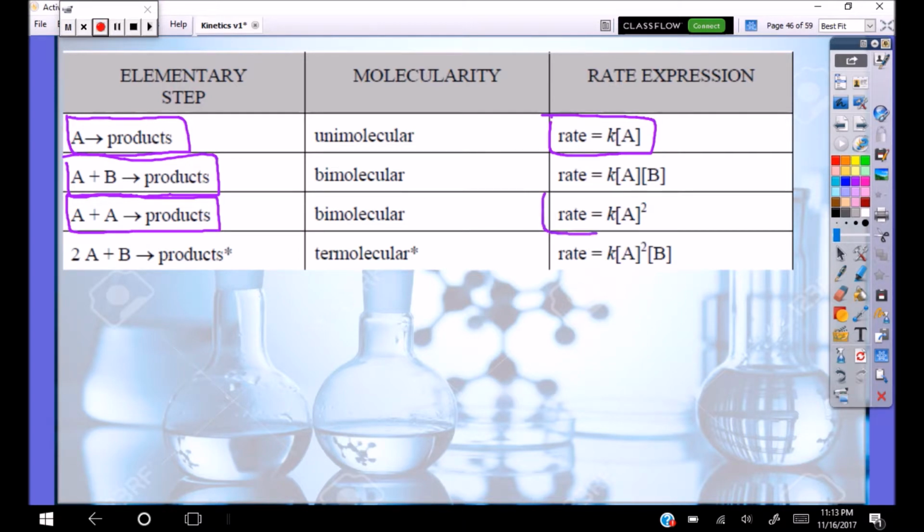That would be second order because it's the same component colliding with each other. Then termolecular, this is the rare one, and actually I think our first example is termolecular on the next page. You have two of A and B forming your products. Notice that, again, the coefficients do impact the rate law.